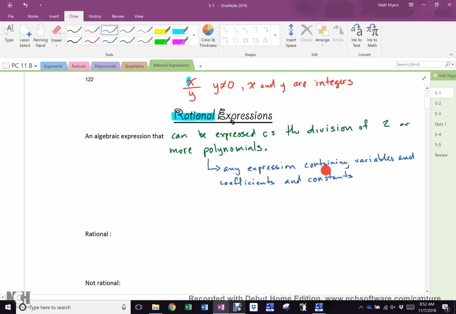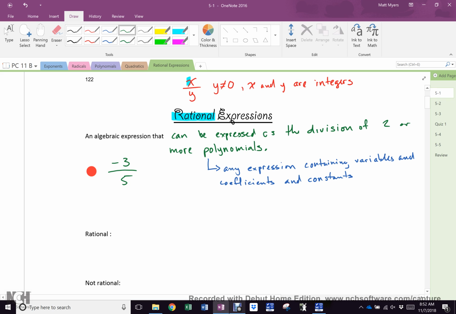Now, I'm going to write something over here in green. Negative 3 over 5. Is that a rational number? Mm-hmm. Why? Because the bottom is not 0. 5 is not 0, and negative 3 and 5 are both integers, yes? Everybody understand that that's a rational number, correct?